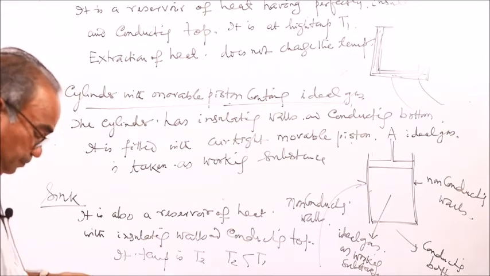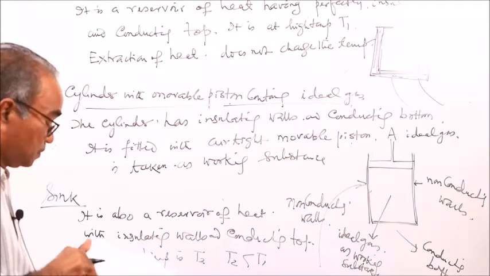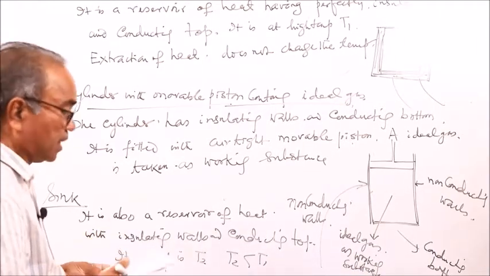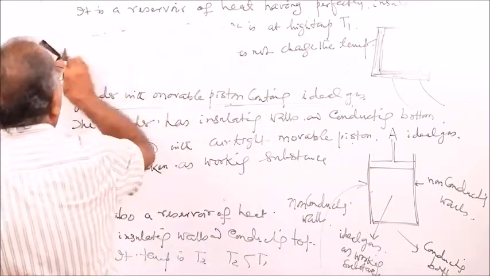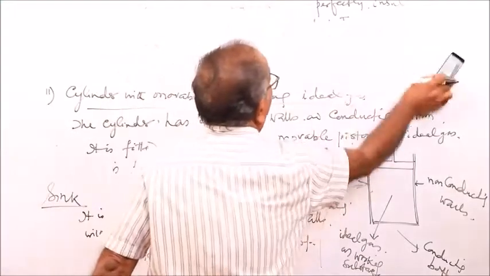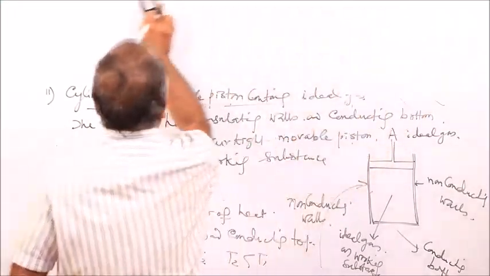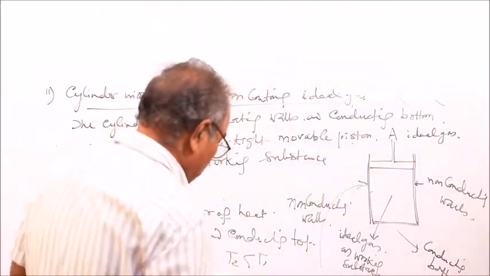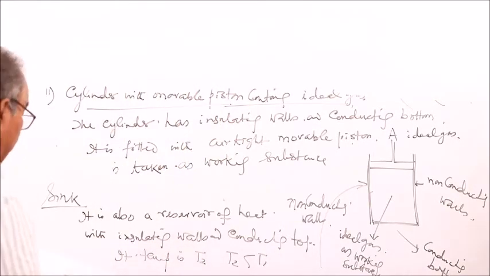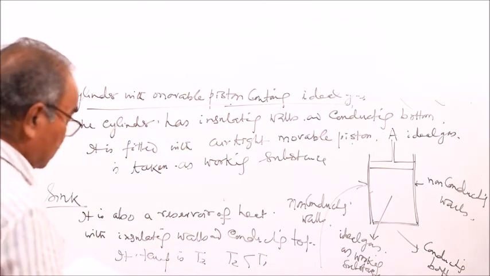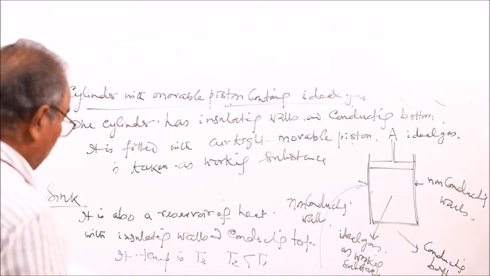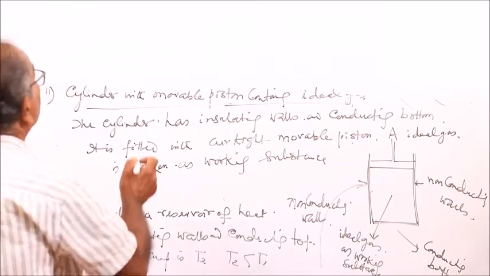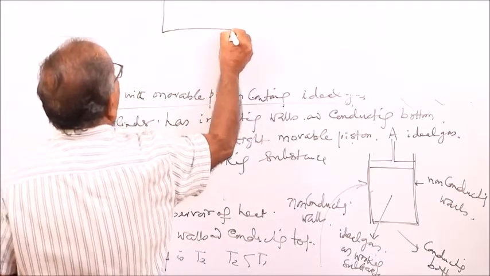Then insulating stand. It is a stand made up of perfectly insulating material such that when a cylinder with a movable piston is placed over it, it becomes insulated from the surrounding.